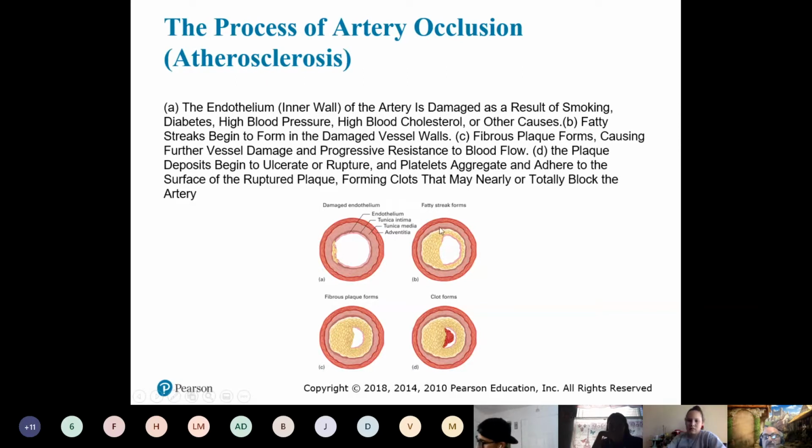Where atherosclerosis is actually within what we call the tunica. Those are the layers of the arteries, tunicas. Tunica intima, tunica media, tunica externa, I think. There's three layers to an artery. And so that's building up. Let me show you my pen.